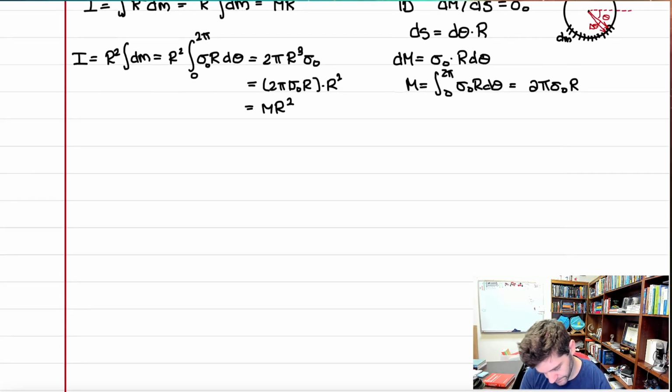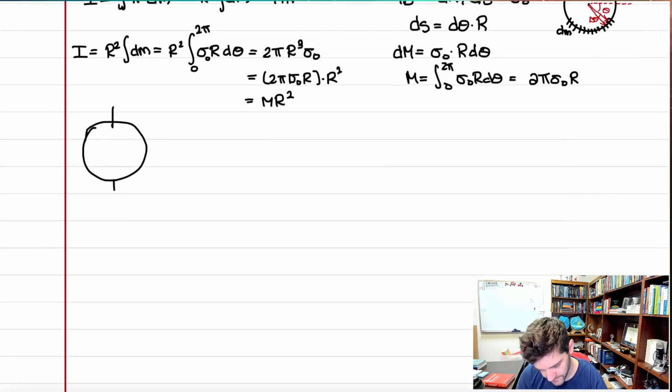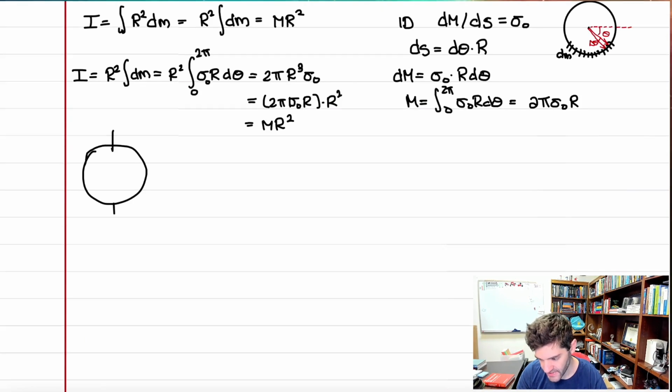Let's do one more. Let's not do a thin ring. Let's do a thin shell. All right, so a 3D spherical shell of radius r.